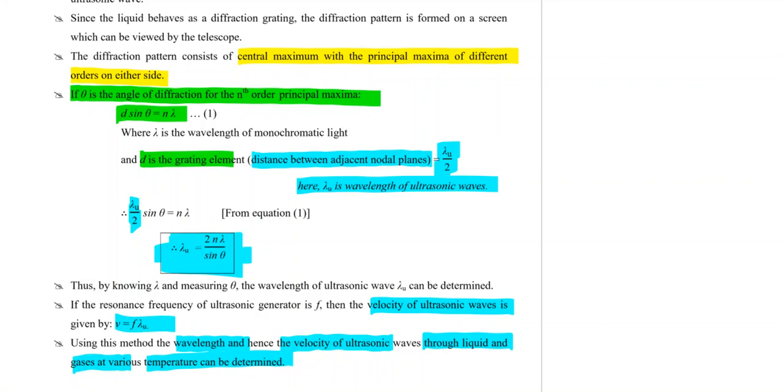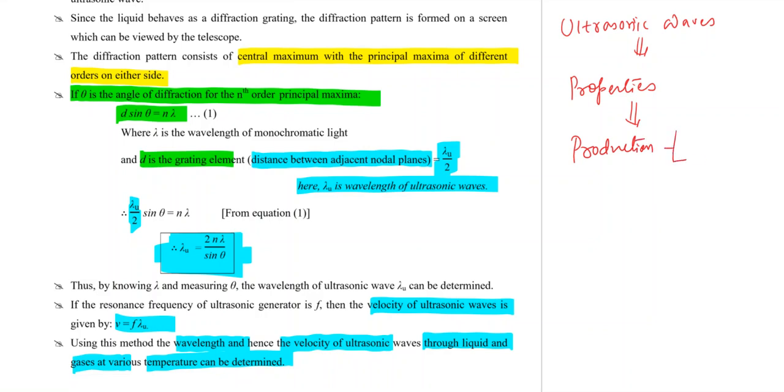We were discussing this topic. First we understand the ultrasonic waves. In ultrasonic waves, first we learn about the properties of ultrasonic waves. Then we need to know how to produce ultrasonic waves, so there are production techniques.